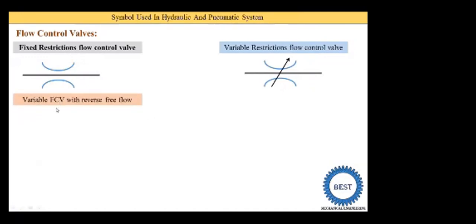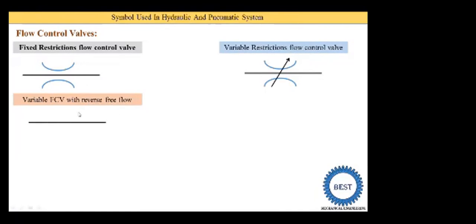Next is the variable flow control valve with reverse free flow. Here the same variable restriction flow control valve symbol is used, and in this symbol we add the reverse free flow. How do we draw the reverse free flow?